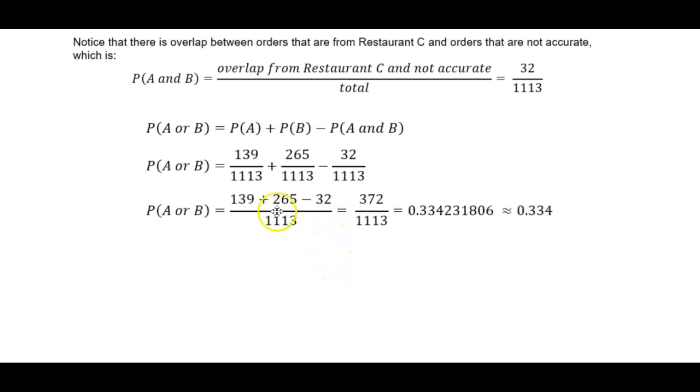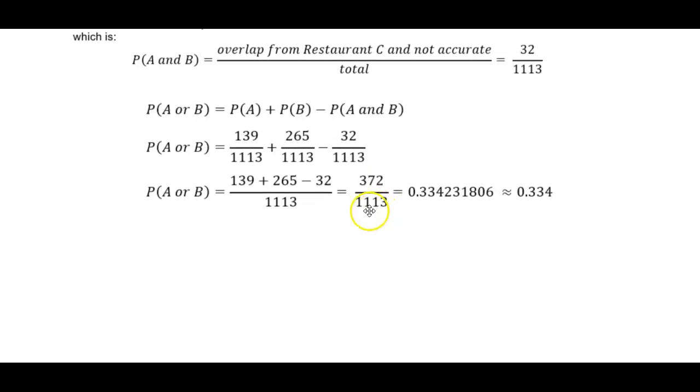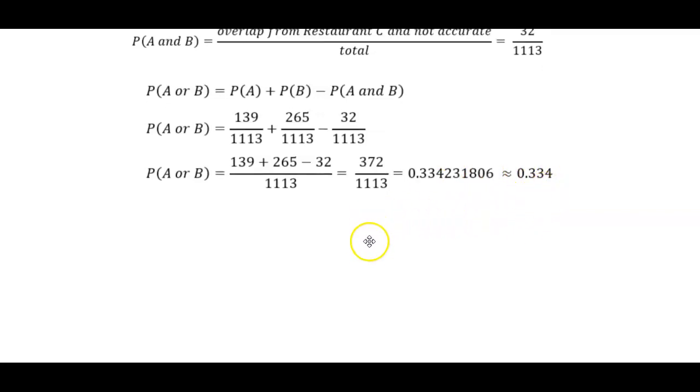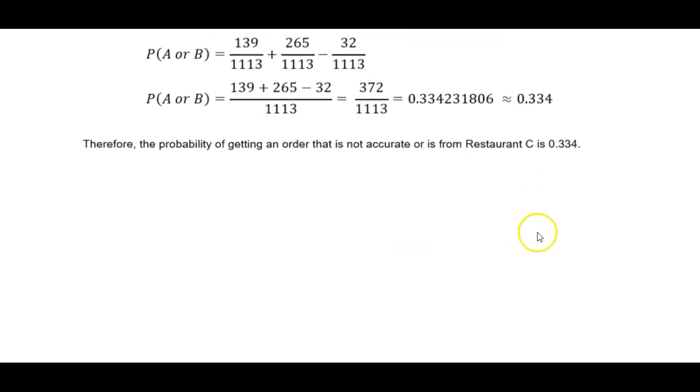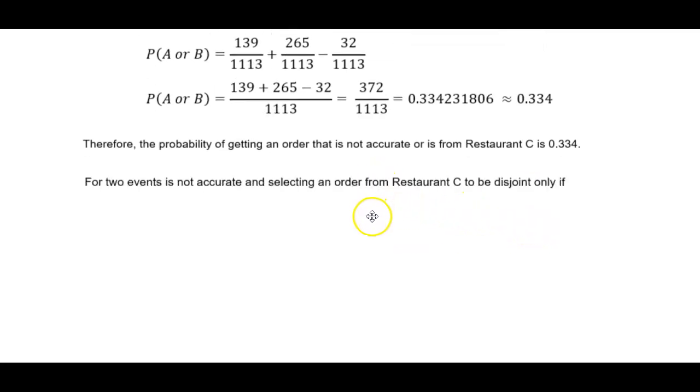And therefore, if we add like terms in the numerator, 139 plus 265 minus 32 is 372, divided by 1,113, which gives us this value here, and we're rounding it to 3 decimal places, which gives us 0.334. And therefore, the probability of getting an order that is not accurate or is from restaurant C is 0.334.